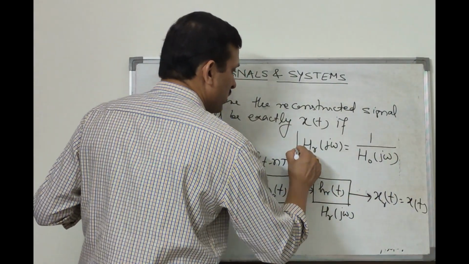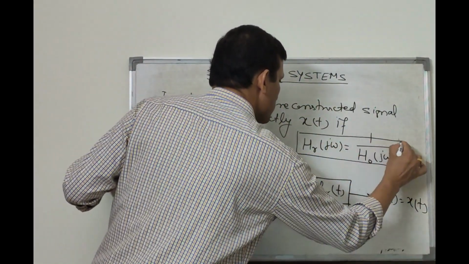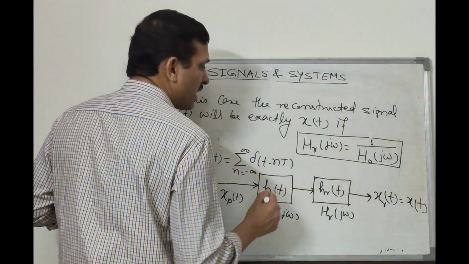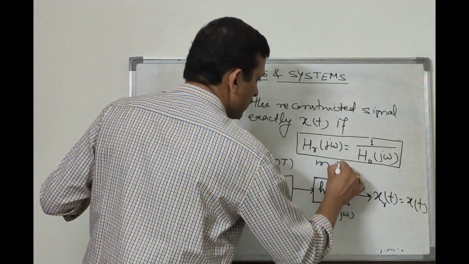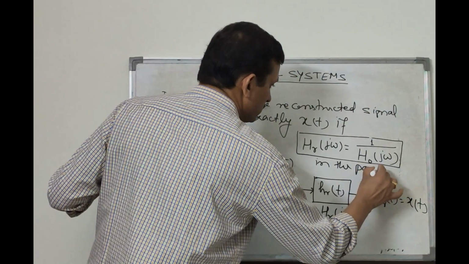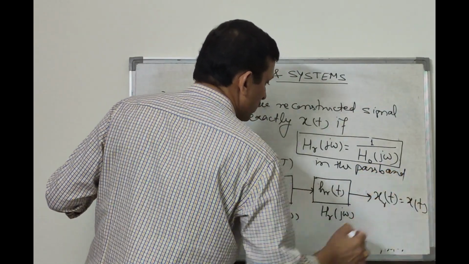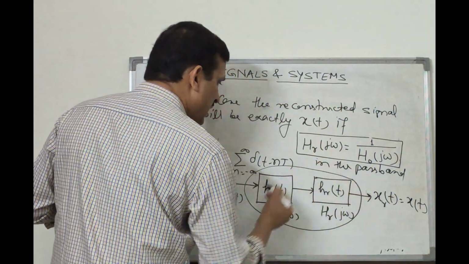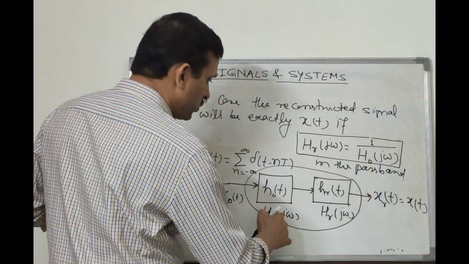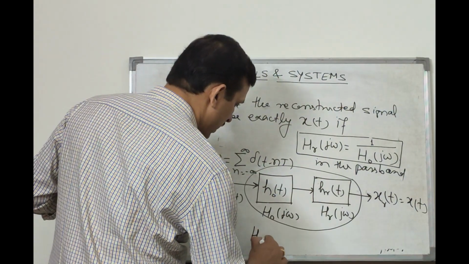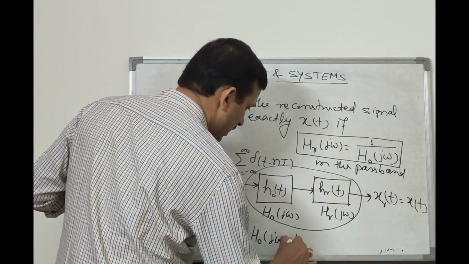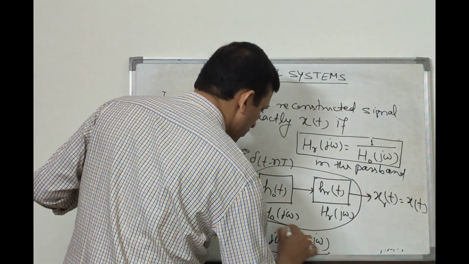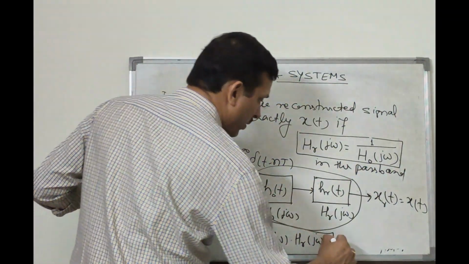That is, the frequency response of the reconstruction filter should be 1 upon H0(j omega) in the pass band, so that the zero order hold and the reconstruction filter together give exactly an ideal low pass filter.